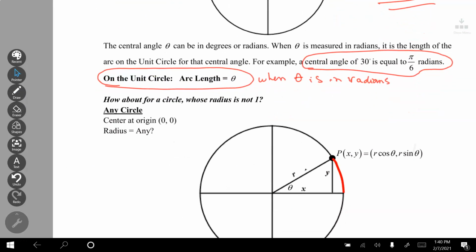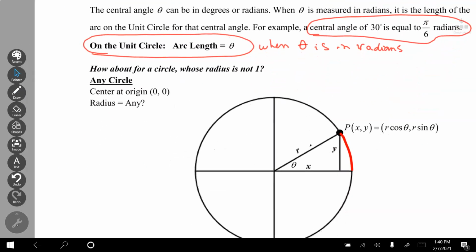Well, how about if I don't have a unit circle? How about when I have something that is not a radius of 1? I could have any radius.